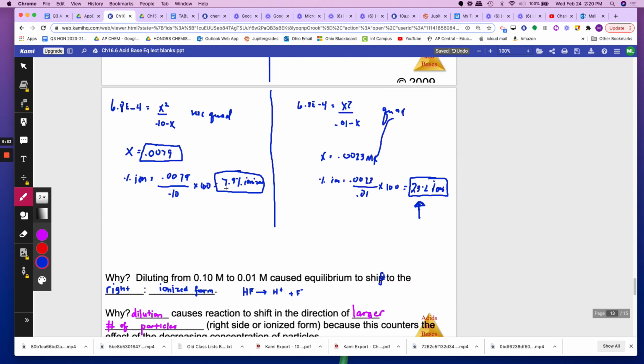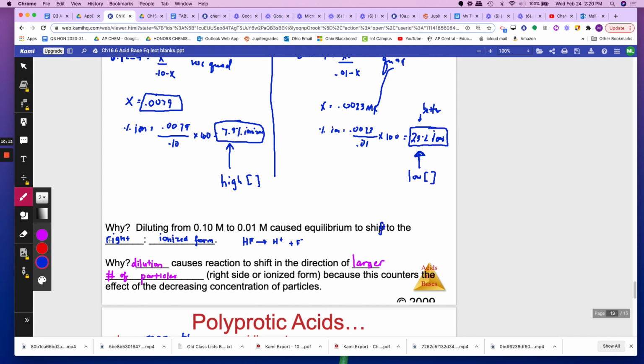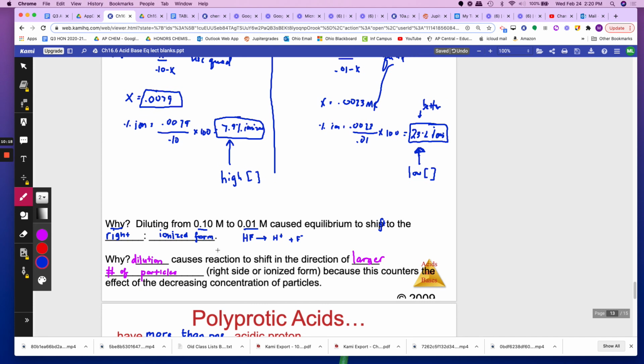This proved that to you. At higher concentration, it was 7.9%. At lower concentration, it was 23%. Percent ionization is better at low concentration. Why is that? Diluting from 0.1 to 0.01 caused the equilibrium to shift to the right, to the ionized form.